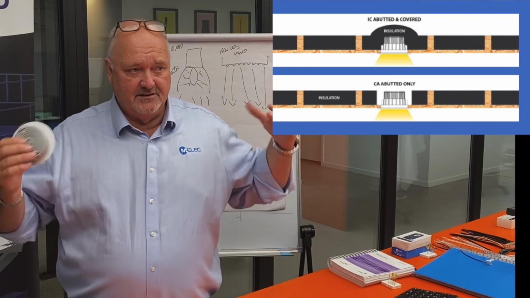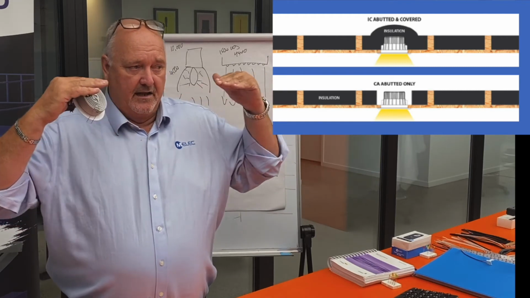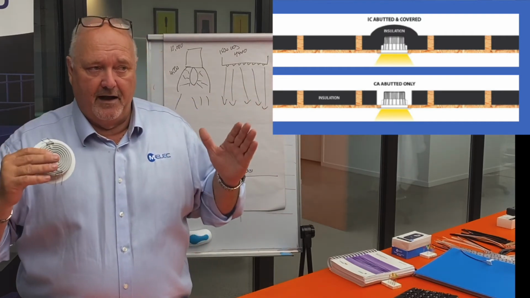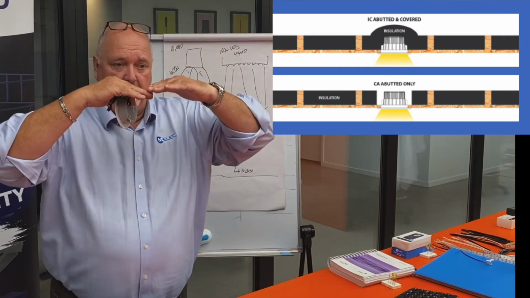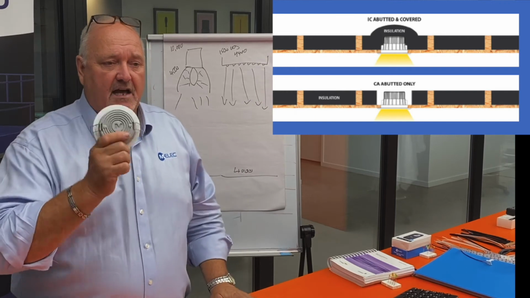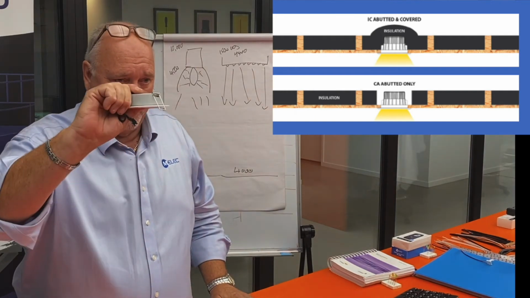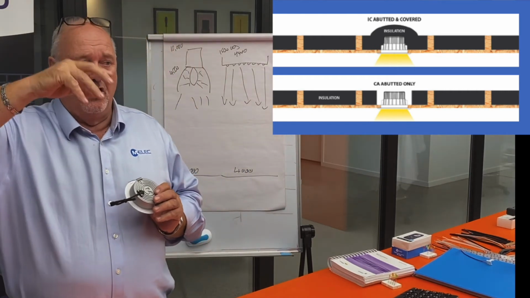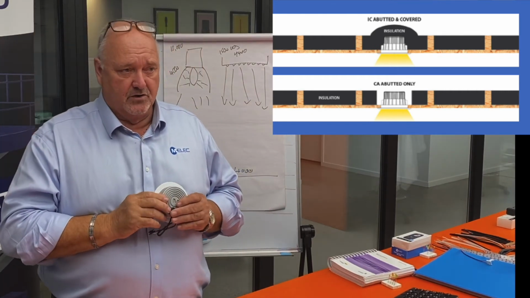So abutted means the insulation can be placed up to the side of the fitting. Covered and abutted means I can go up beside it and up over the top of it. Now again, we're only talking about this part. We are not talking about the driver. The driver must sit on top of the insulation at all times.